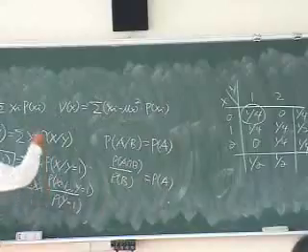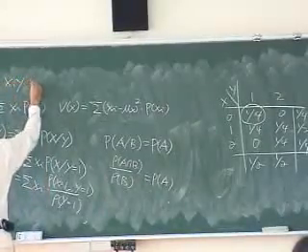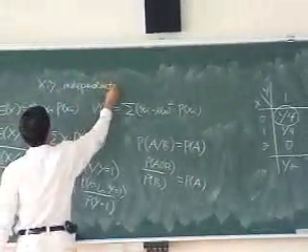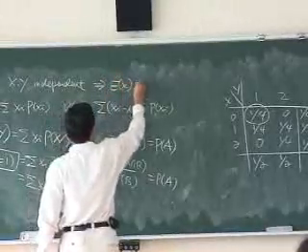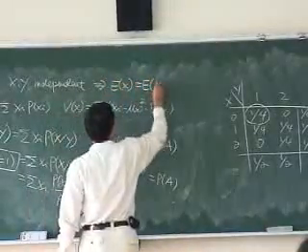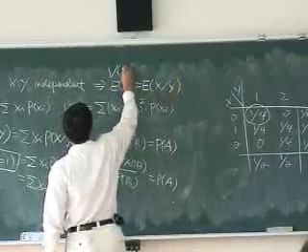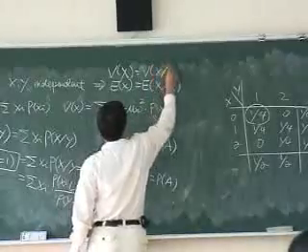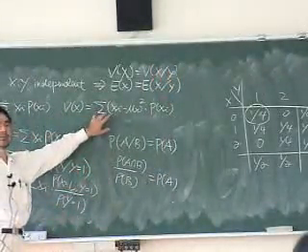So when X and Y are independent, the expectation of X will be equal to the expectation of X given Y, and the variance V of X is equal to V of X given Y. It is very important here.